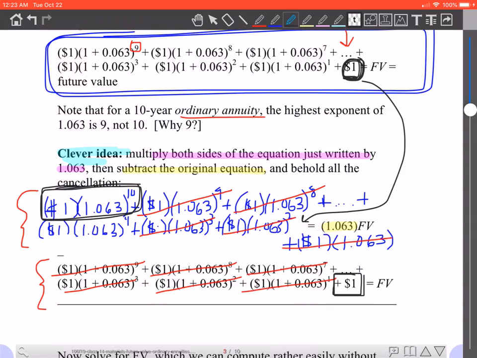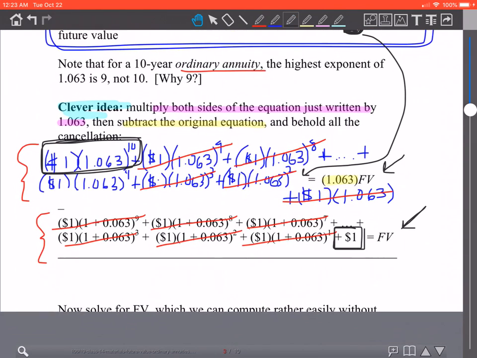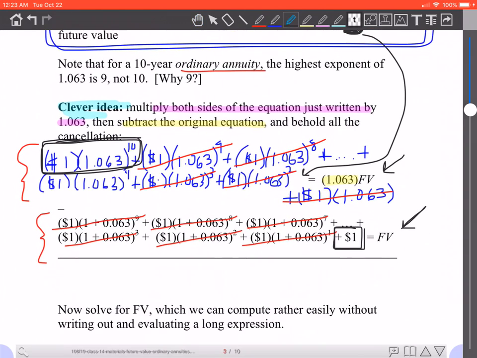We're going to also subtract the right-hand side of the equal sign, so that's 1.063 future value, subtracted by that future value. So let's write out what we have. Okay, so we have $1, 1.063 to the 10th minus $1.